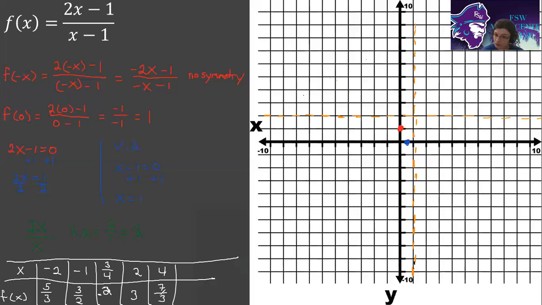And now that I have these points, we're going to want to mark them on our graph. So let's see, at -2, we go to 5/3. So that's slightly below our horizontal asymptote there. At -1, we go to 3/2.